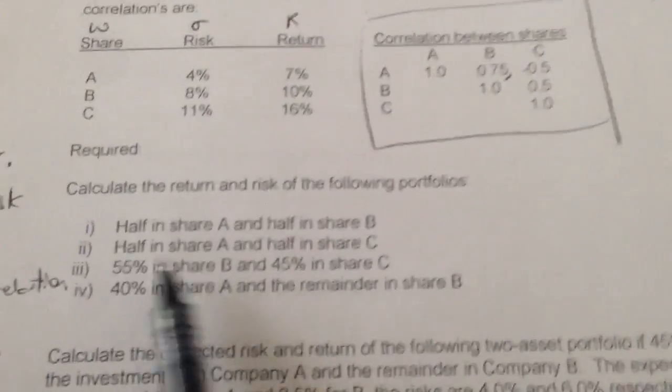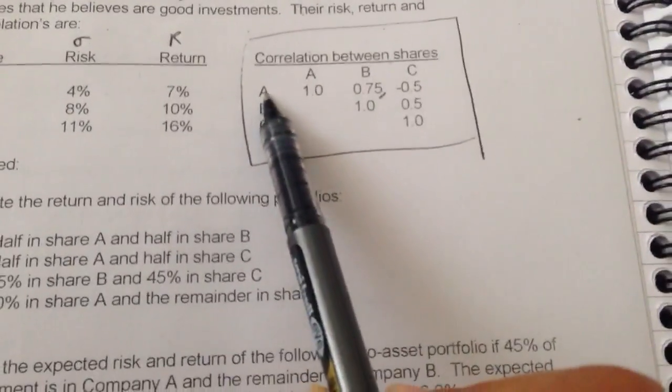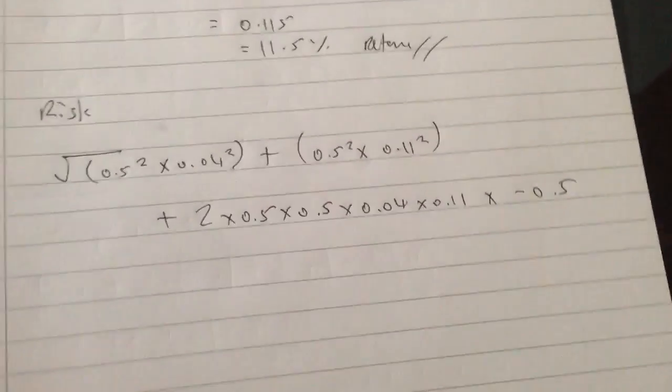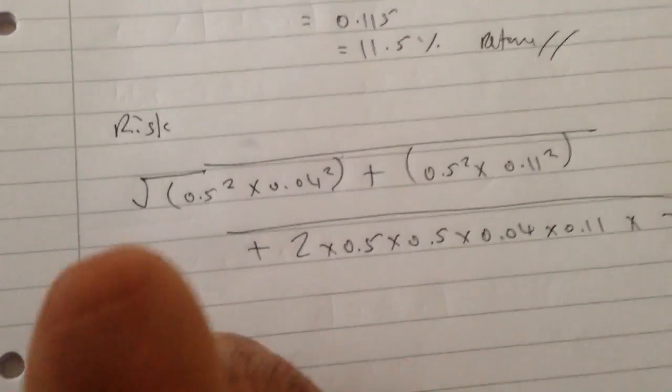This time we're looking at half in share A, half in share C, so starting at share A, the correlation between A and C is minus 0.5. So we're multiplying by minus 0.5 at the end. All of this is under the square root. Get it into 3 bits.